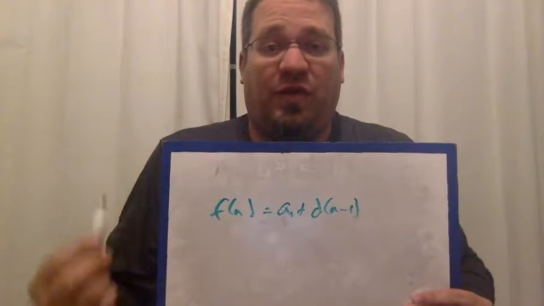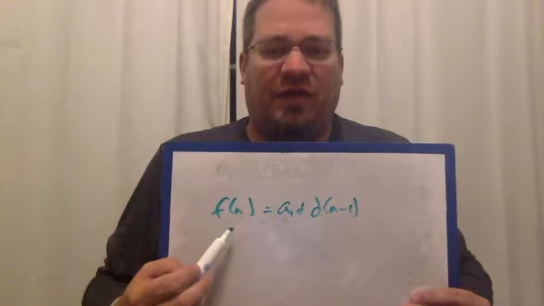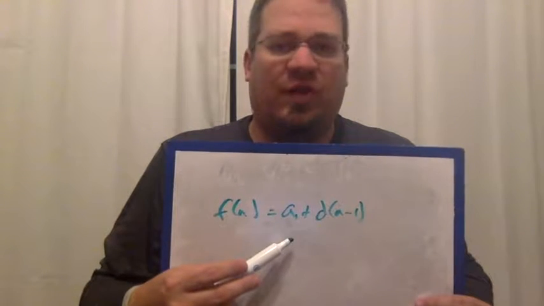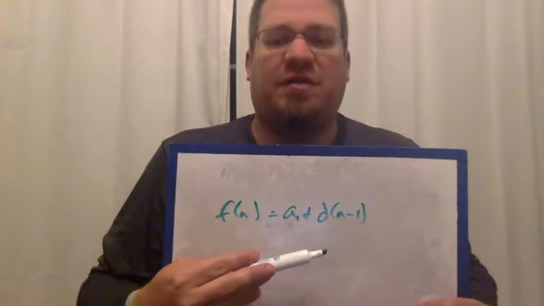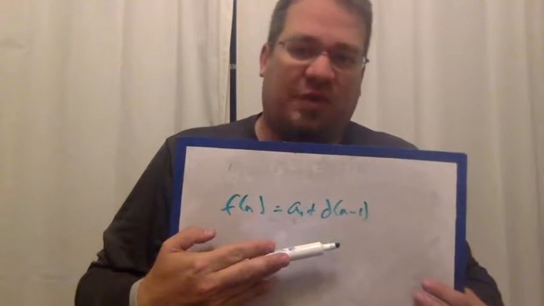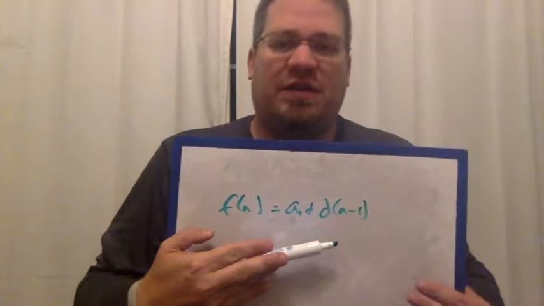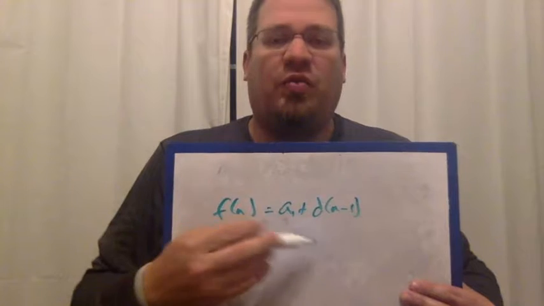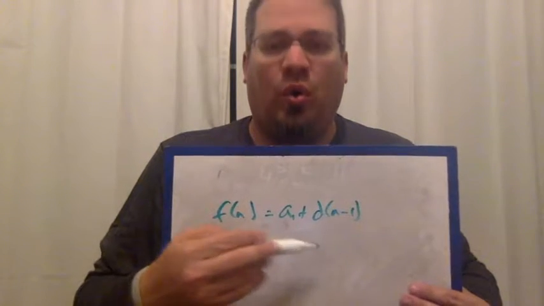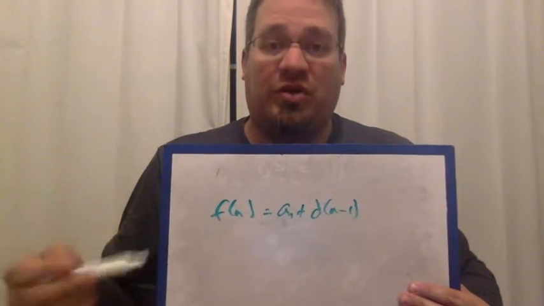If I'm looking for the seventh term, then I would look for f of 7 equals my initial value, whatever the first number in the sequence is, plus my common difference times 6, because I'm looking for f of 7. 7 minus 1 is 6. So this right here is what I'm going to use a whole bunch on my worksheet today.